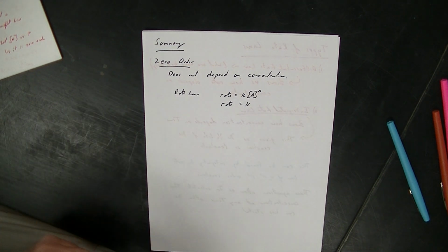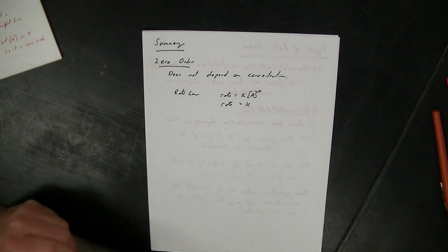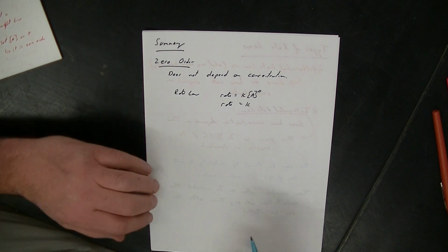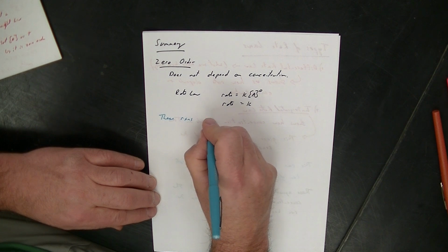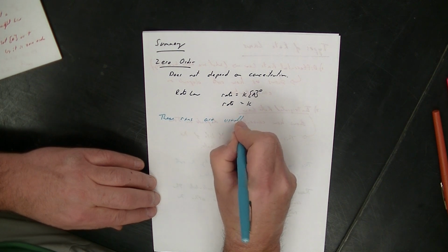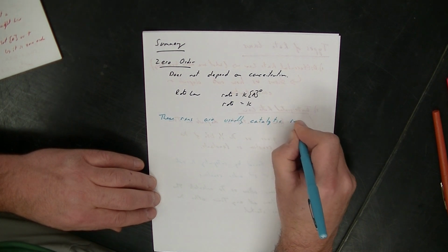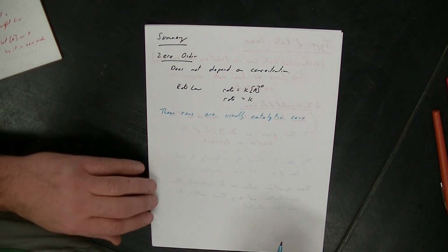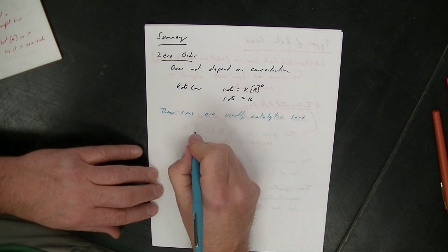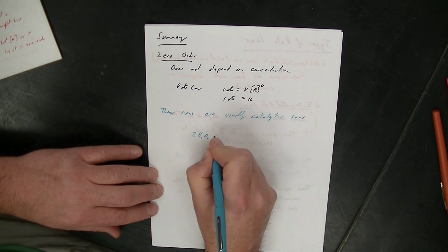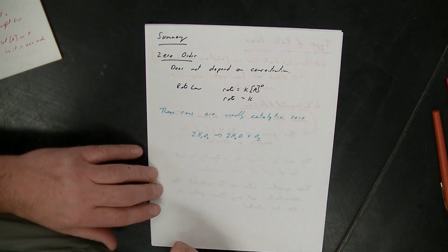Now, in reality, these reactions are usually catalytic reactions, reactions that are catalyzed with a catalyst. So, for example, the decomposition of hydrogen peroxide, 2H2O2 goes to 2H2O plus O2.